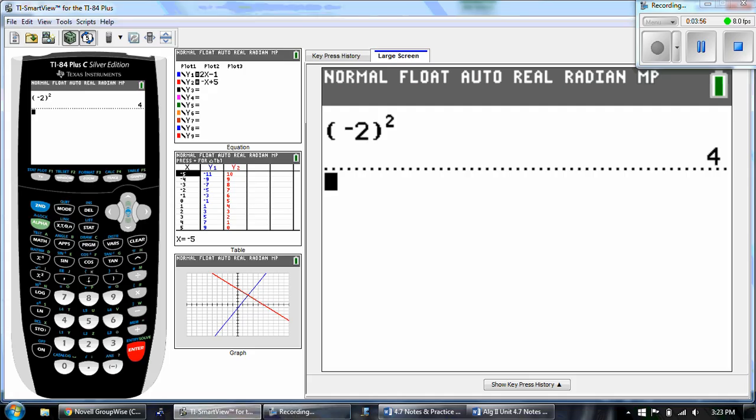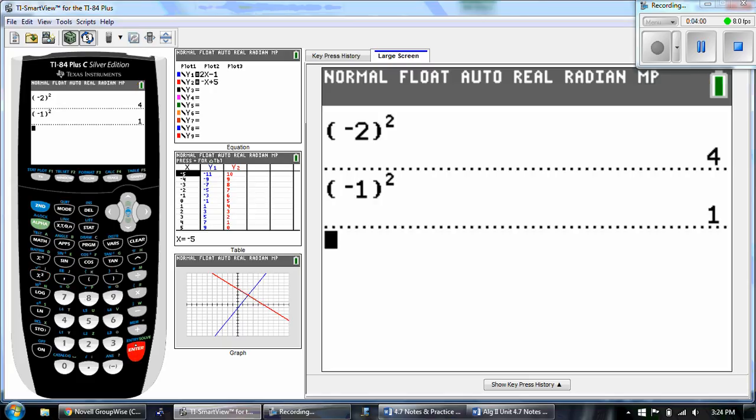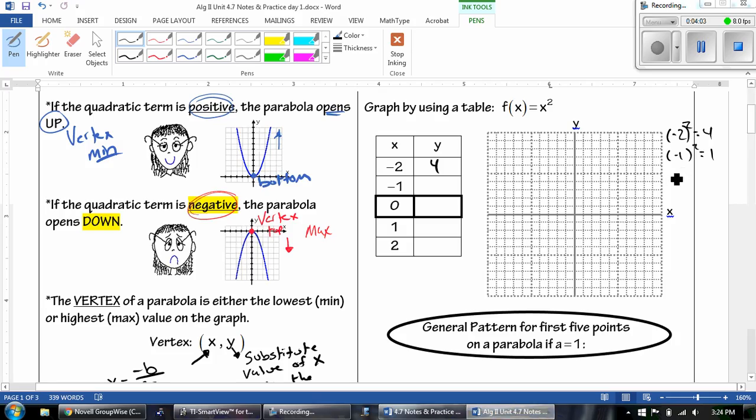And if you don't believe me, use your calculator. Negative 1 squared is 1. Now, 0 squared, you should know that. 0 squared is 0. 1 squared is 1, and 2 squared is 4. So 1 and 4.